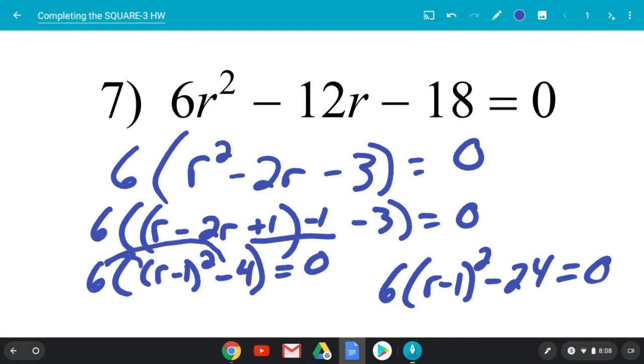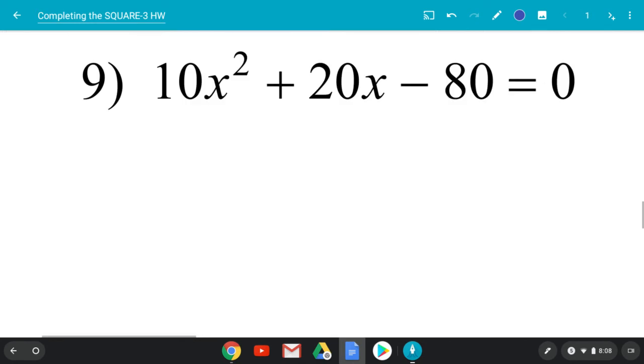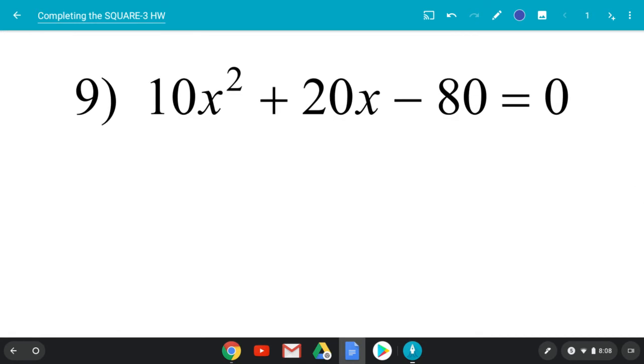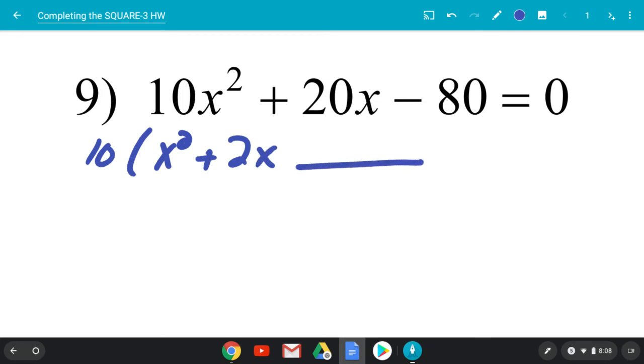Reminder, this is the hardest we've got to do. We can do this. We can do it all. Yes? Number 9. I can pull out a 10. 10 left with x squared plus 2x. I'm going to go ahead and leave my space. Minus 8 equals 0. So I'm trying to make a perfect square trinomial here.